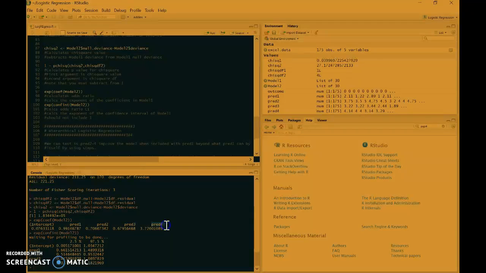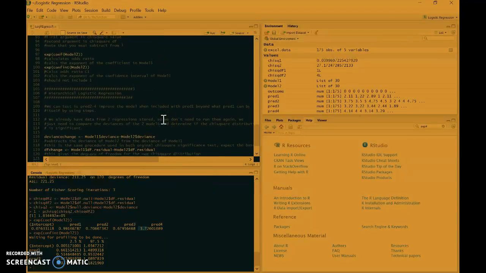Predictor 4, good news. 3.73. As predictor 4 goes up, kids go to school. Good job, predictor 4. About 3.7% even. Look at you, predictor 4. Awesome. If only we could remember what you actually are.